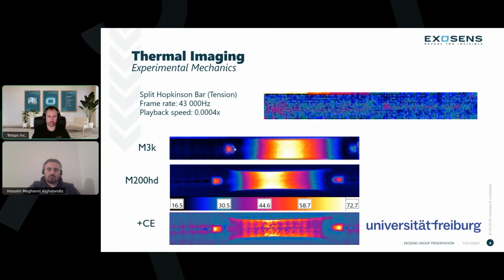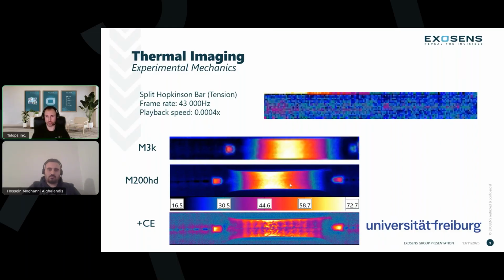We have down here, so that was with the M3K, what it looks like. It's also been used with one of our high definition cameras, the M200 HD. And even though that's unable to achieve the frame rates that the M3K is, it's still able to provide some detailed thermal response at a little bit higher resolution.